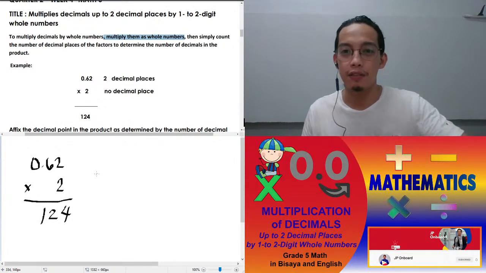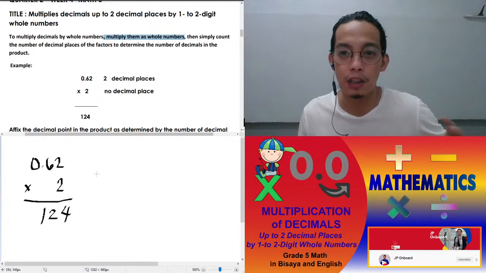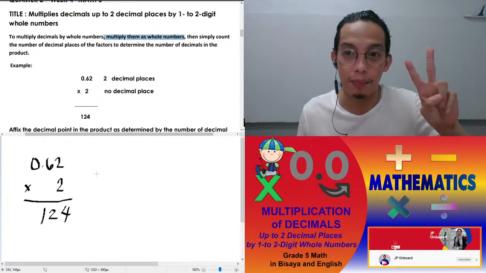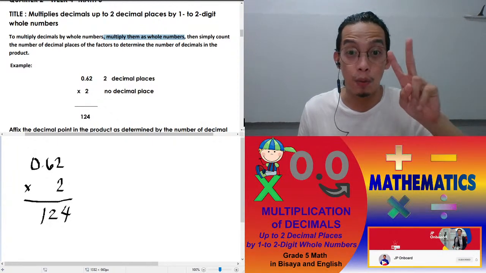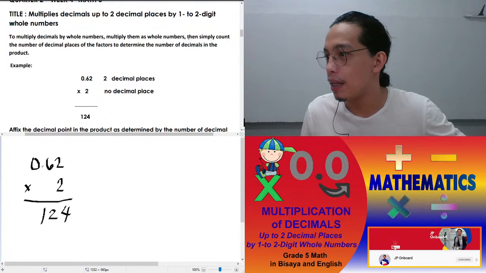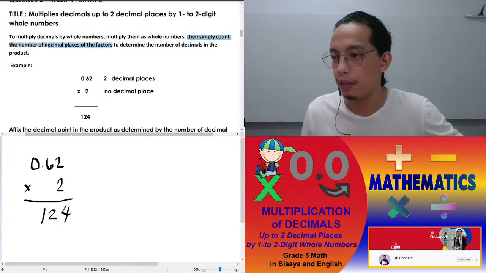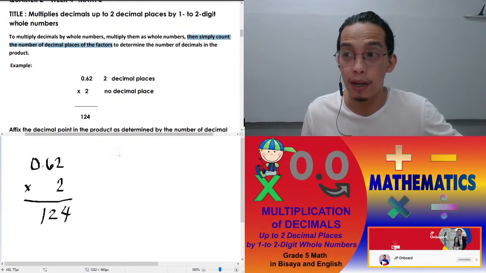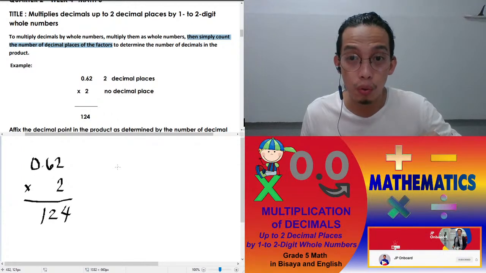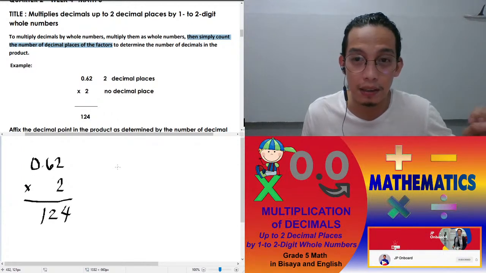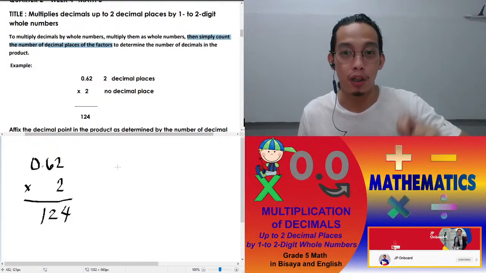According to our resource, 0.62 has two decimal places. As mentioned there, you can see in the resource, two decimal places. Then simply count the decimal places of the factors. Okay? So natay duwa sa 0.62 and sa 2 wala tayo decimal places. It's a whole number, so no decimal places. So we only have two decimal places.